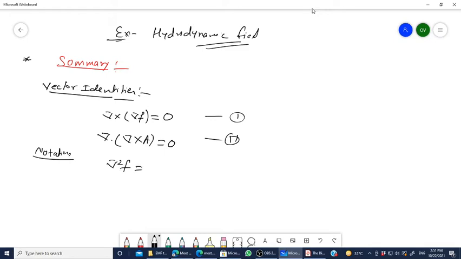This is a Laplacian operator, and we can write the equation like this. This is the vector form. If small f is a scalar, and capital A is a vector, right? So we can write this equation using the identity like this.